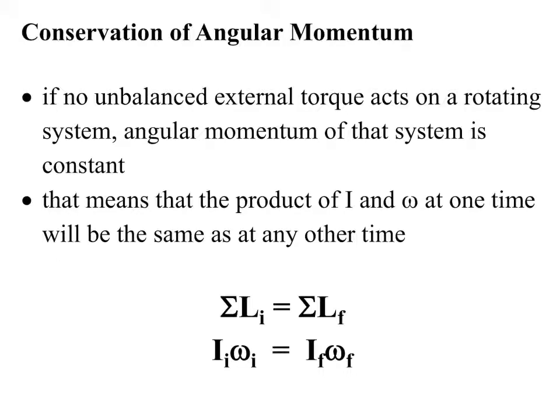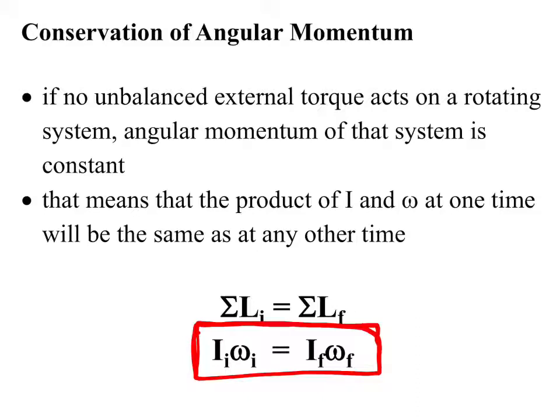Again, if there's no unbalanced external torque acting, just the stuff in the system acting on each other, that means that my angular momentum before, which is I times omega before, is equal to I times omega afterwards, okay? And of course, that is just if no external torque is at work.